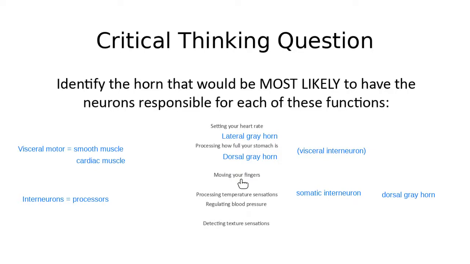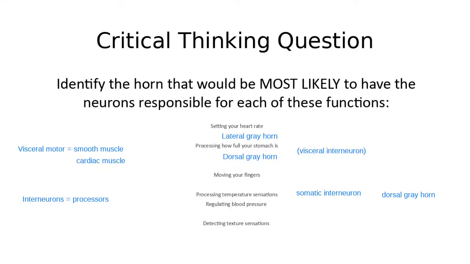We skipped one right here. We skipped the one that helps you with moving your fingers. When we talk about moving your fingers, which kind of muscle do we have in our fingers? What's the muscle in our fingers? Yeah, your fingers are moved using skeletal muscle.